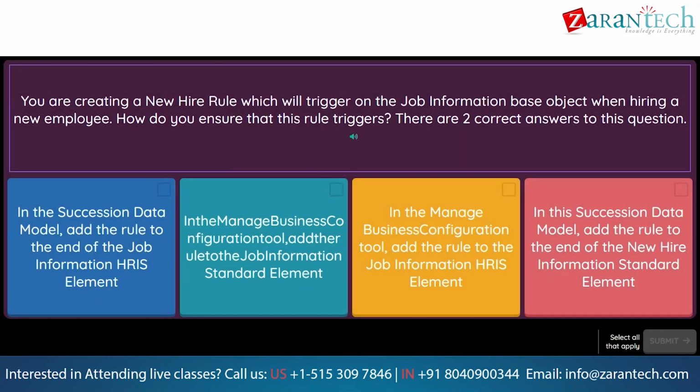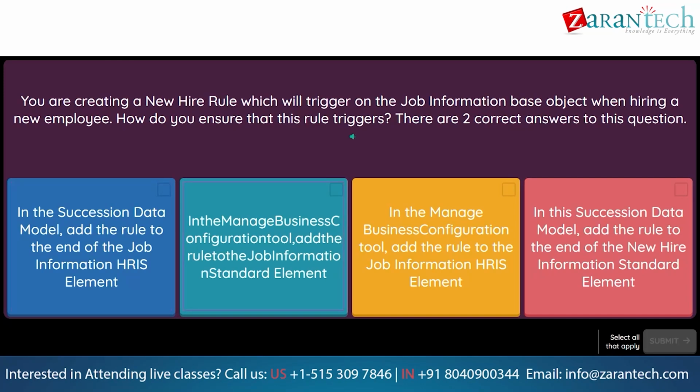Question: you are creating a new hire rule which will trigger on the job information base object. When hiring a new employee, how do you ensure that this rule triggers? There are 2 correct answers to this question. Option 1: in the succession data model, add the rule to the end of the job information HRIS element.